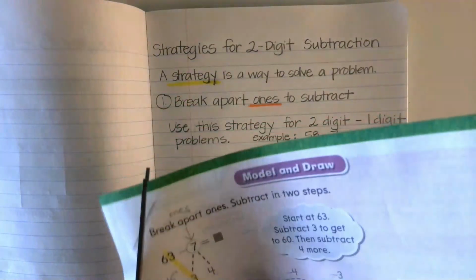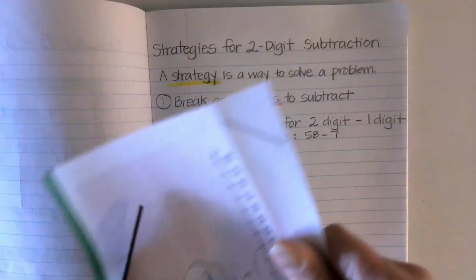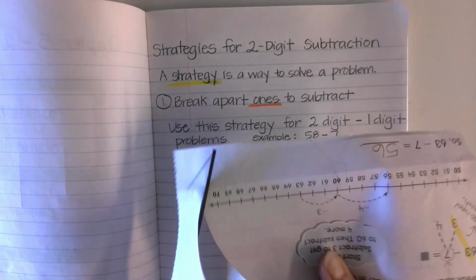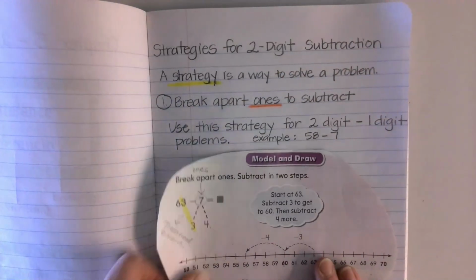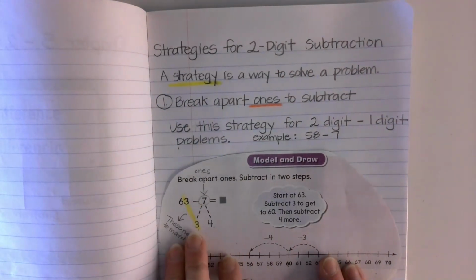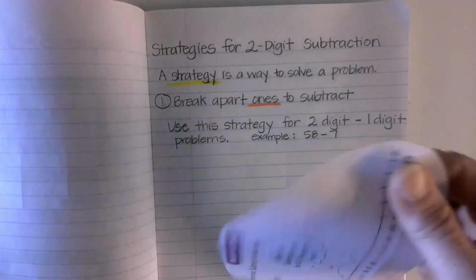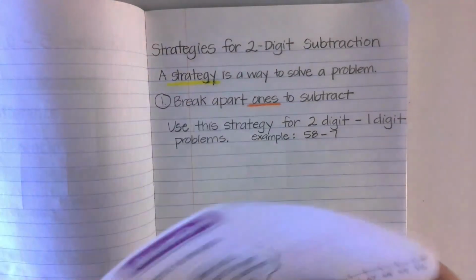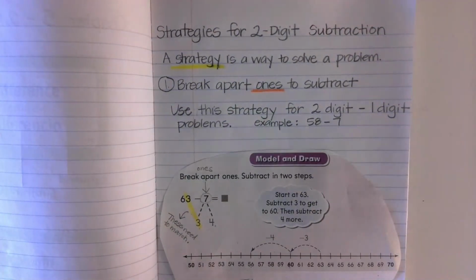I'm not going to cut off anything I've written, but I've got room over here to cut right to that arrow by the 70 without cutting anything off. Then I'm going to test to see if that fits. Does it fit without anything hanging out? It does. If it doesn't, you can trim off a tad bit more next to that arrow. And then you're going to glue that in.